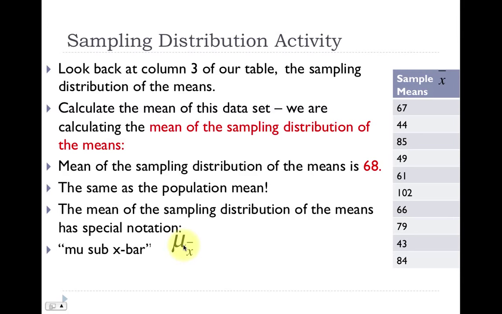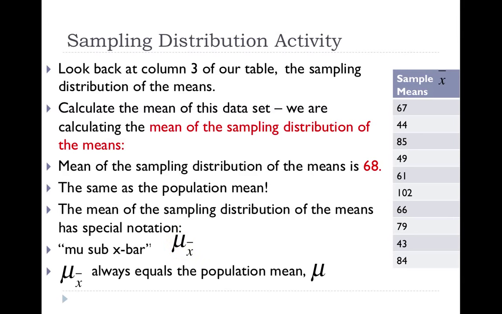It indicates the mean of the sampling distribution of the means. And by definition, mu sub x bar is always equal to the population mean mu. So there's really little to no calculation. If you know the population mean, then you know what the mean of the sampling distribution is.